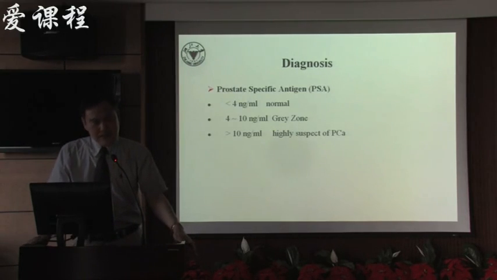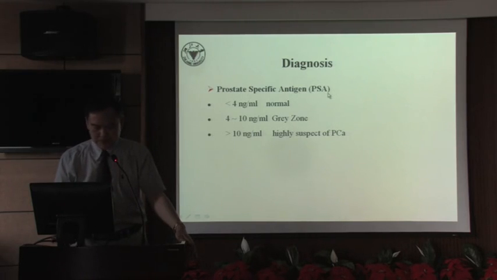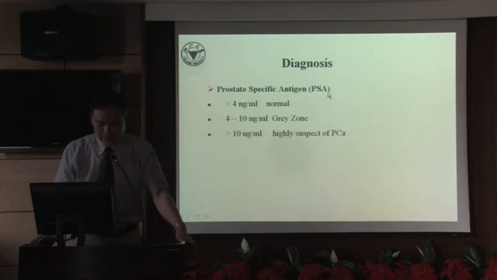And the second important early diagnosis tool is a blood test to measure prostate-specific antigen, which is abbreviated as PSA, in the serum. Usually, the normal range is less than 4 nanogram per milliliter.